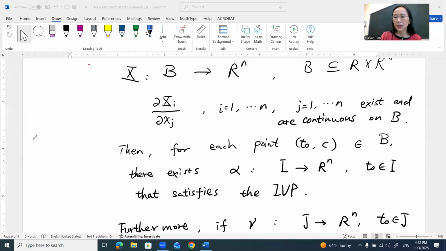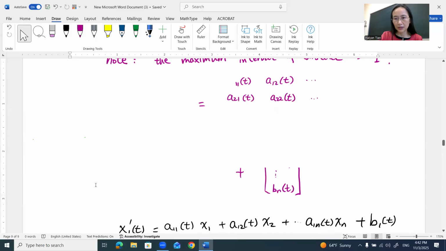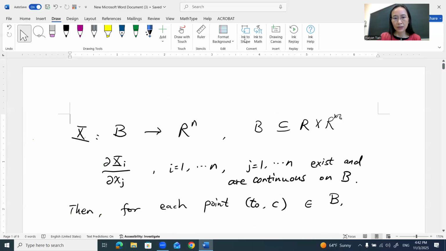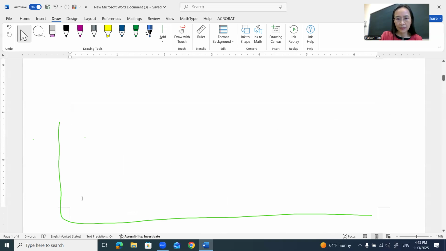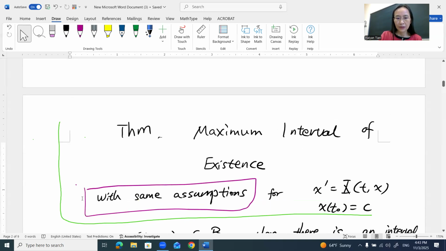we should find not only the local existence, with the same assumption, which is this. And now we have a maximum interval of existence.